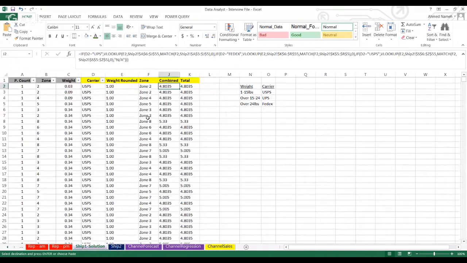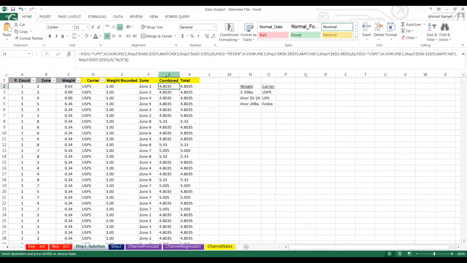Last but not least, the formula that sort of brought it all together. This formula is a little messy. It's essentially a nested IF statement that also includes a VLOOKUP, which also includes a MATCH formula. It includes 3 parts.